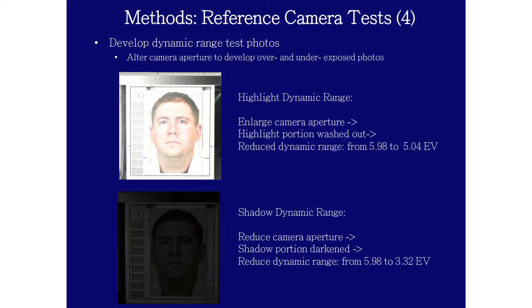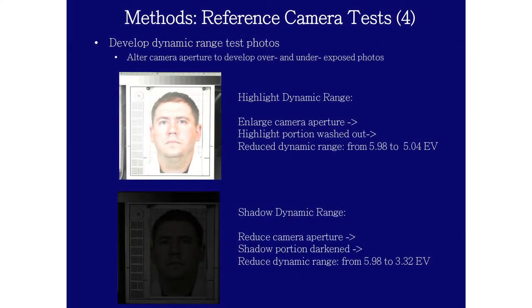This is the step chart. You see, in this case, 4 blocks are merged, so you cannot see them. They are all white. And the dynamic range will go from the highest, a little bit over 6 EVs, down to 5 EVs.